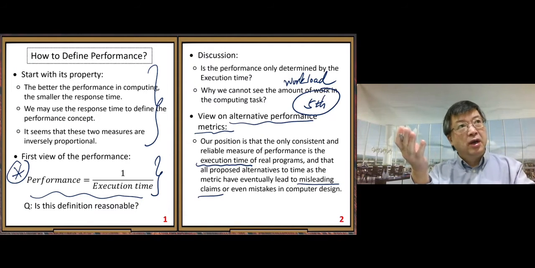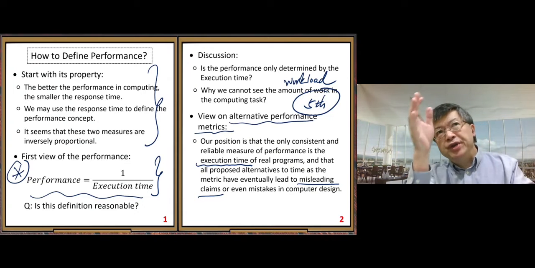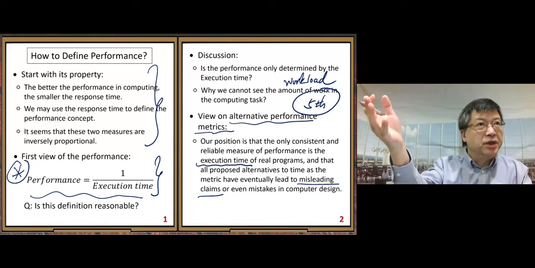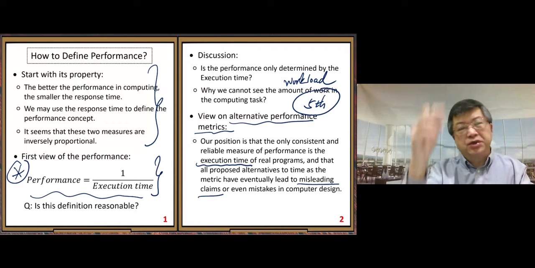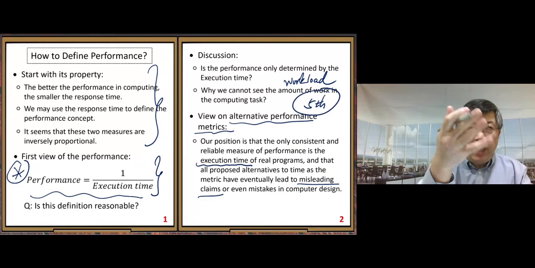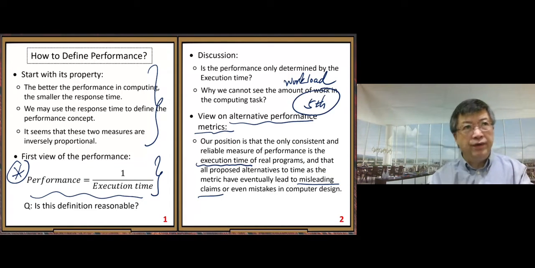Misleading claims. If we use this understanding, sooner or later, we will get some ridiculous results. Yeah, I got some ridiculous results. So the authors noticed that. I believe many instructors notice that and reflect the problem to the authors.